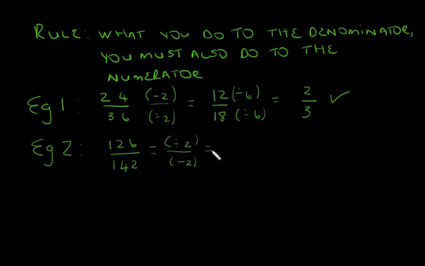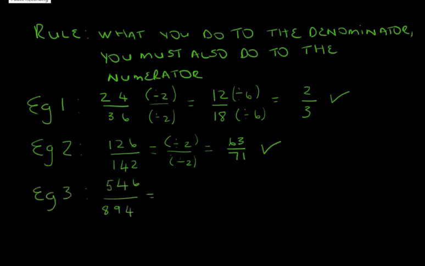What will that give us? That will give us 63 over 71. Is there anything that can divide into 63 and 71? No, there isn't. So this answer is in its simplest form.